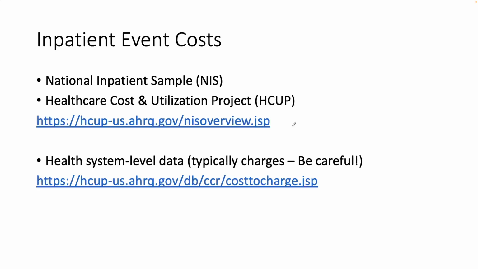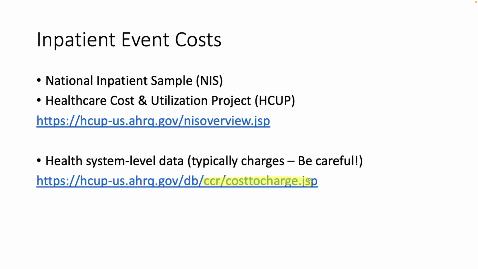So I also put this link in, the cost to charge ratio. So when you get data from your health system, typically it is not going to be cost, but it's going to be charges. And these two numbers are actually not identical.